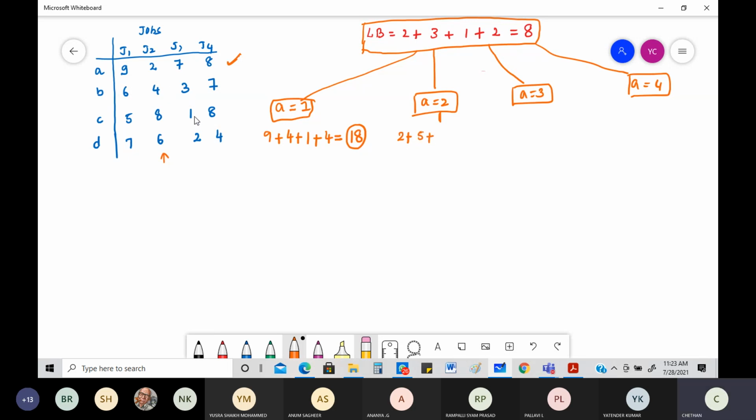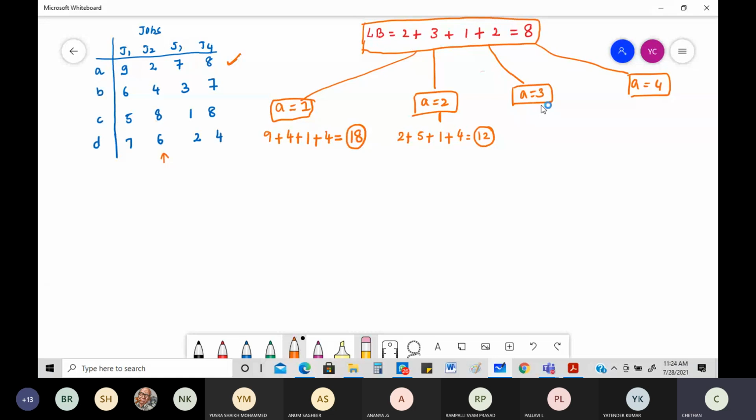The third row, 3, 1, 2, is 1. The fourth row, 7, 8, 4, is 4. What is the cost you get? 2 plus 5 plus 1 plus 4, which is 12. So if A is doing job 2 and all others are doing minimum cost jobs only, you get 12.